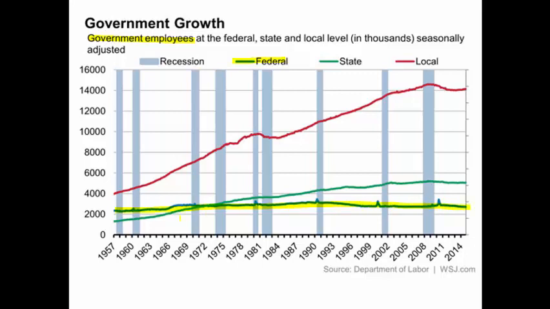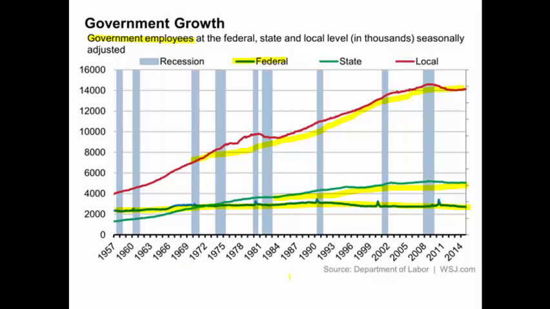So what we're seeing is that the number of state government employees has been increasing a little bit, and the number of local government employees has been increasing quite a bit. So there's where you see a discrepancy between what most people perceive and what is actually happening.